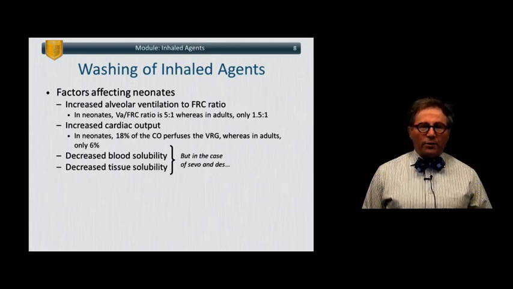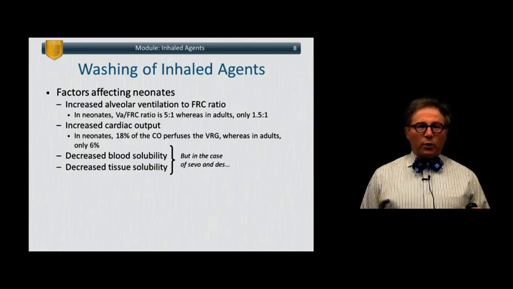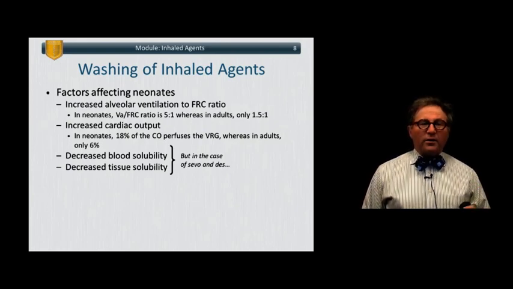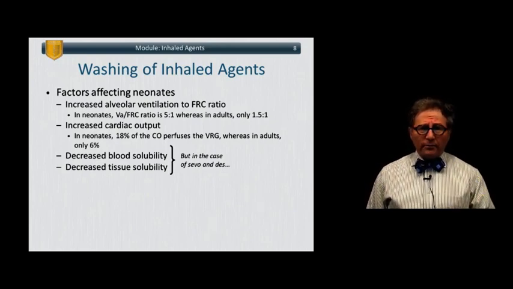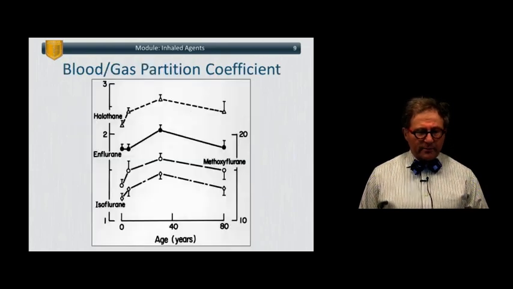And the third and fourth reasons that we see a more rapid wash-in of inhaled agents in neonates compared to adults are the decreases in solubility in the neonates, both in blood and in tissues.